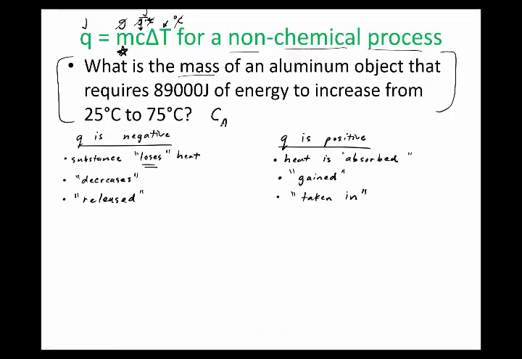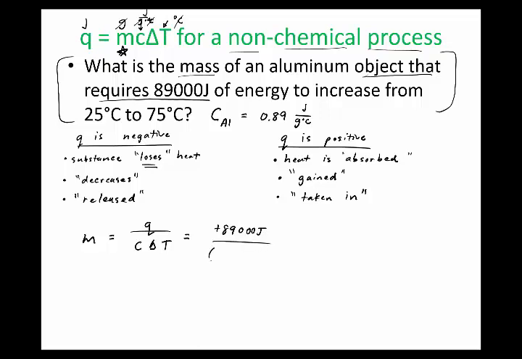So C for aluminum is 0.89 joules per gram times Celsius. We're solving for M, and M is going to be equal to Q divided by C delta T. Q in this problem, it says the object requires 89,000, so our Q is going to end up being positive 89,000 joules.